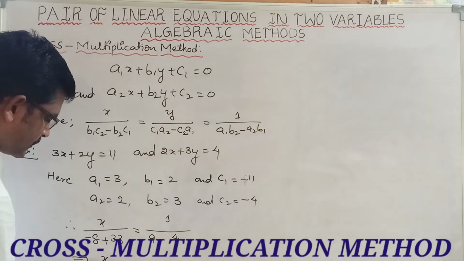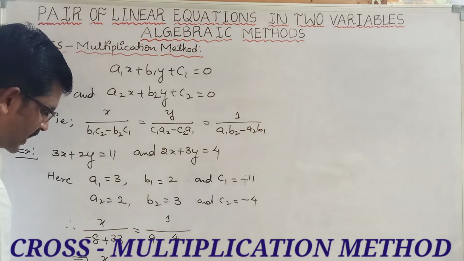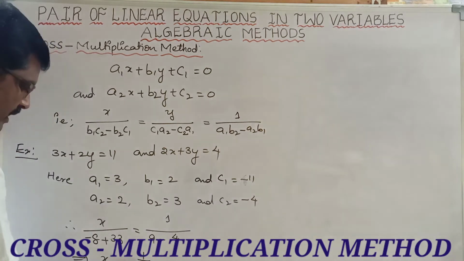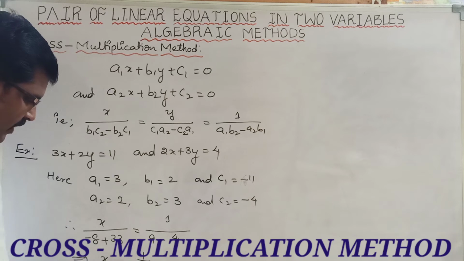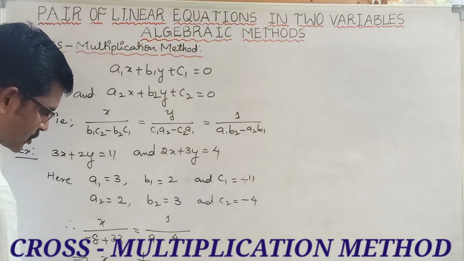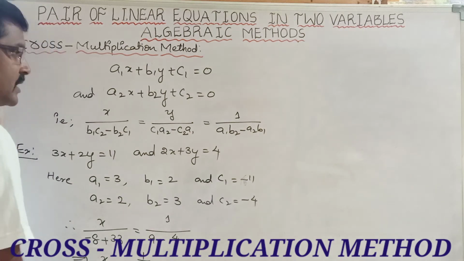It implies x by 25 is equal to 1 by 5. By simplification on both sides, 5 ones are 5, 5 fives are 25. Therefore, x is equal to 5.